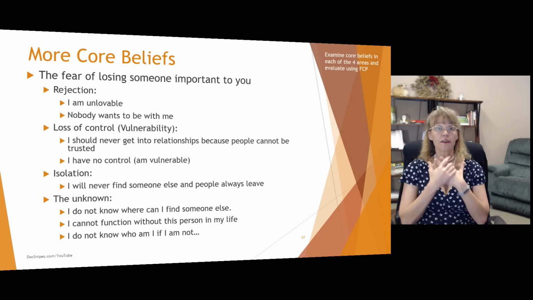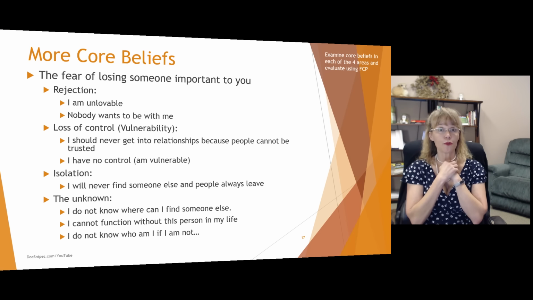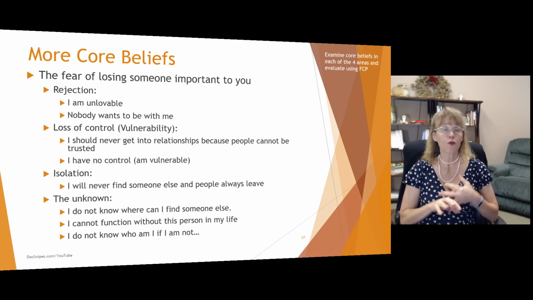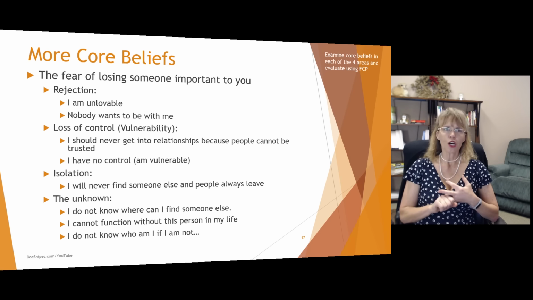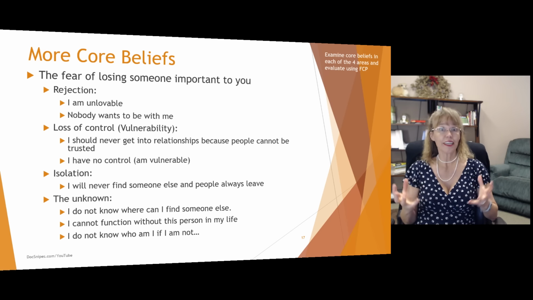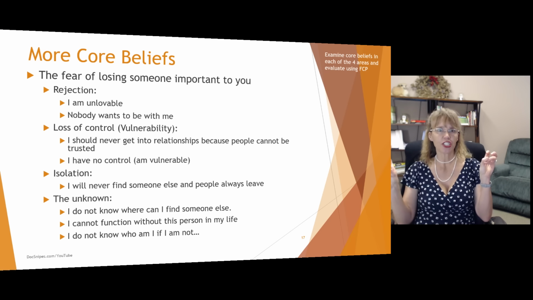The reason I'm afraid of losing something important to me is because I fear rejection. I fear that if they go away, it means I'm unlovable or nobody wants to be with me. So encourage people to explore their abandonment beliefs and identify rejection themes.